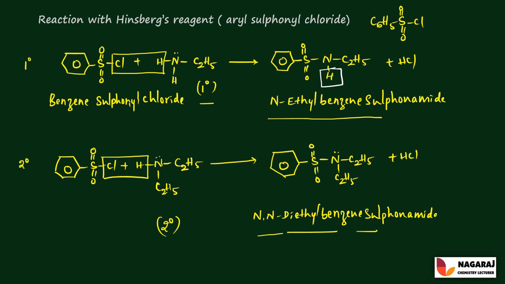So what it indicates? Due to the presence of hydrogen atom in the first product, it is generally soluble in alkali, that is it is readily soluble in bases, and it is acidic in nature.